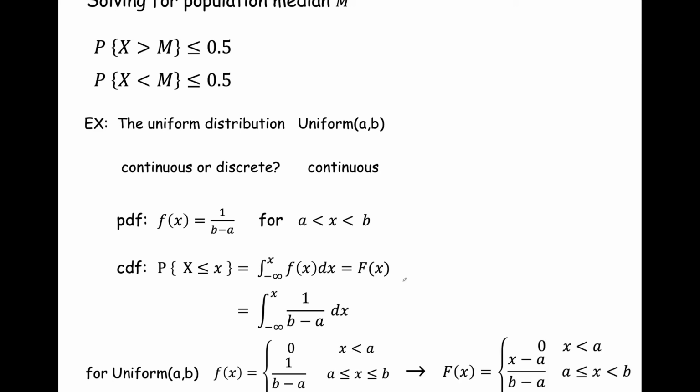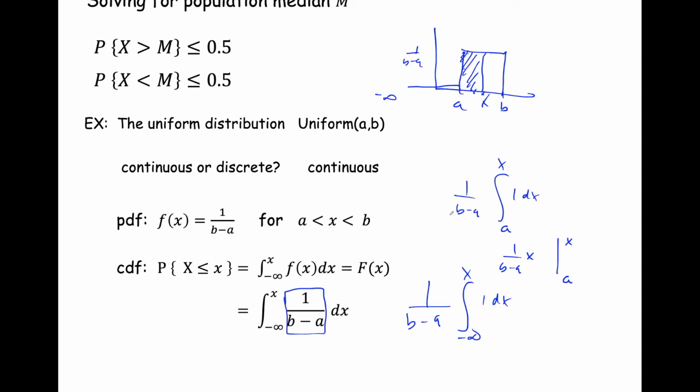And the CDF, therefore, we just evaluate the definite integral from the indefinite integral by calculating this 1 over b minus a times x, substituting for x is the high value, minus that expression for x equals the low value. So that's 1 over b minus a times x minus a.